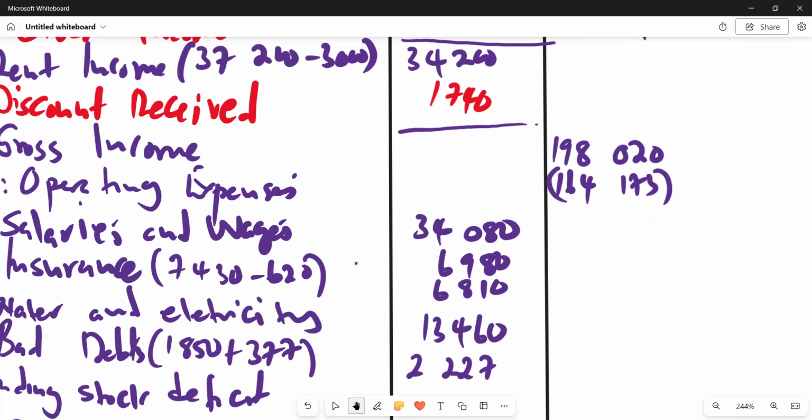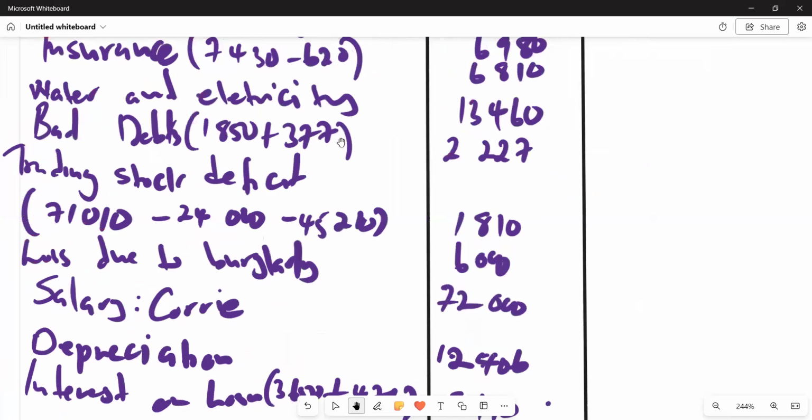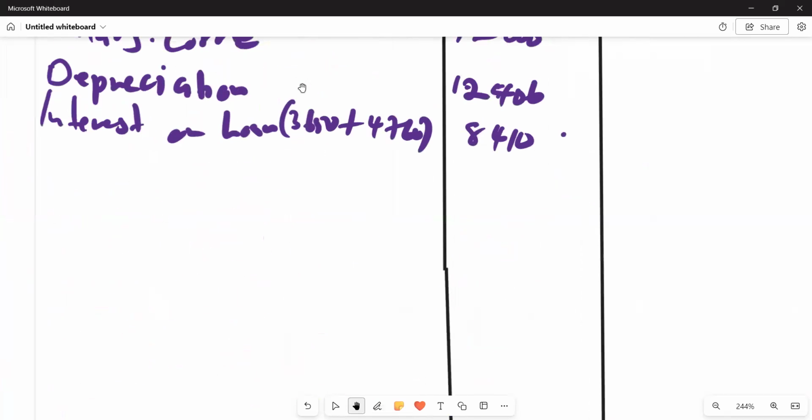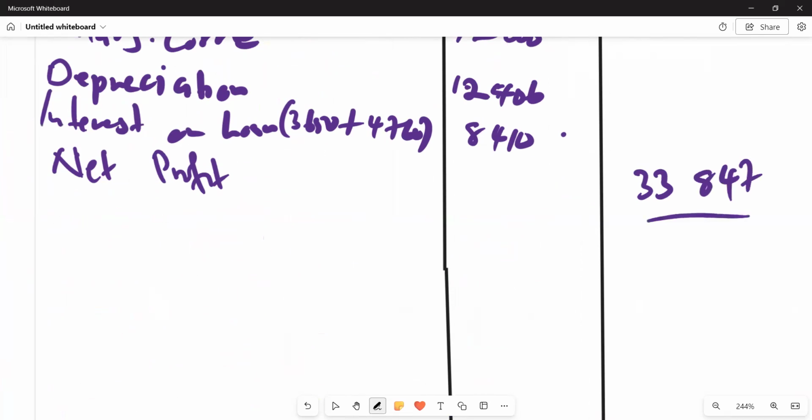And when you subtract it, you are going to get your net profit here. The net profit figure that we are supposed to get is 33,847. So this is your net profit figure.